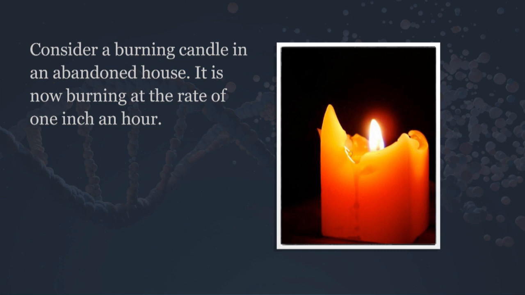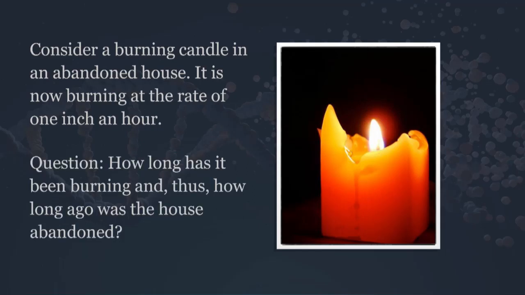You stand there for an hour, take your tape measure out, and measure it. And then an hour later, you measure it, and it's 1 inch shorter, he said. Okay? Question. Someone says, now, how long has this candle been burning, and how long ago then was the house abandoned?